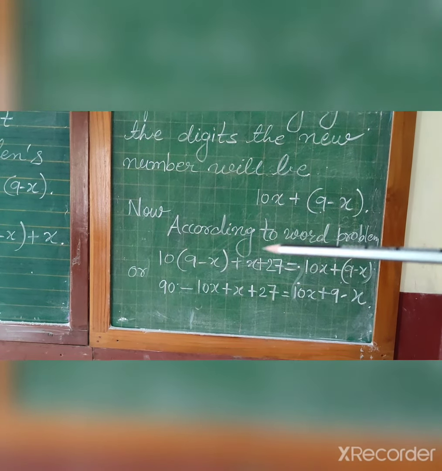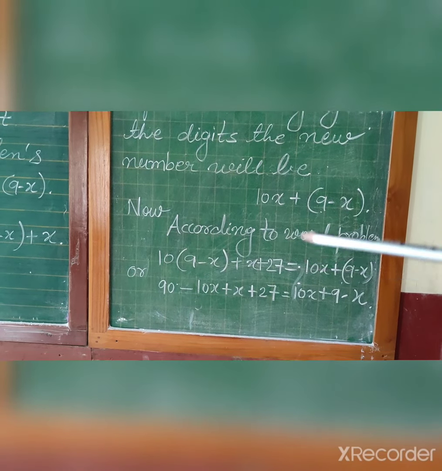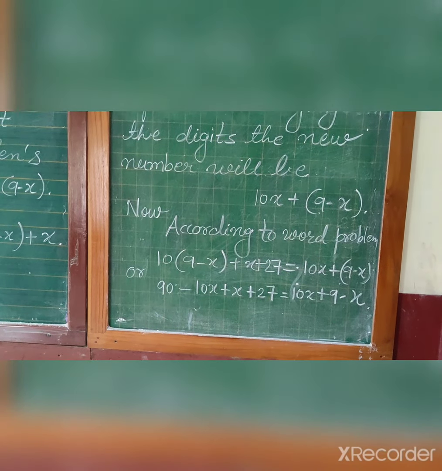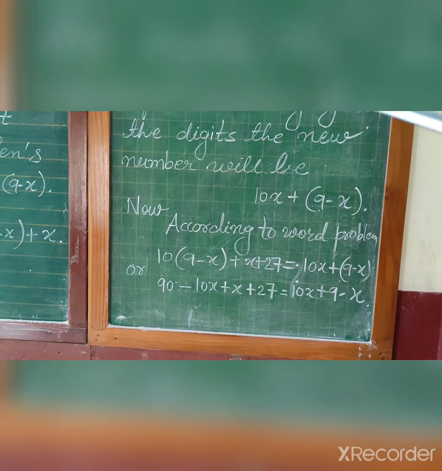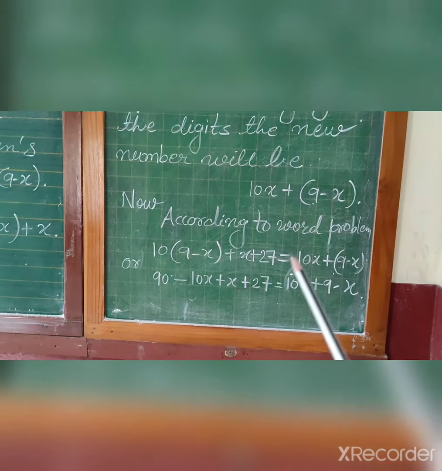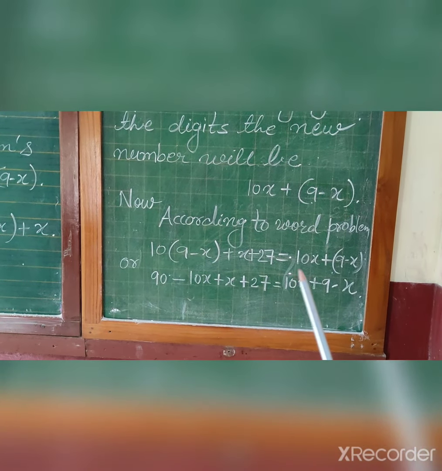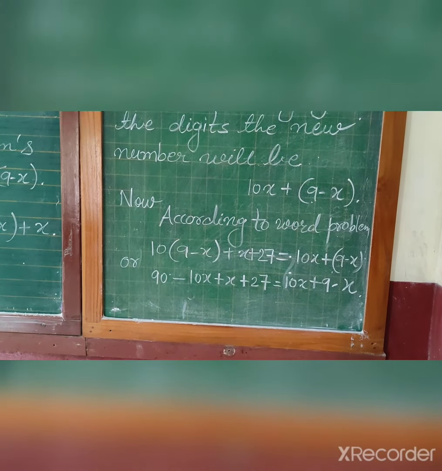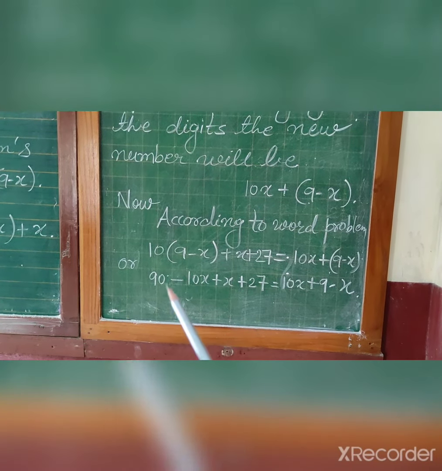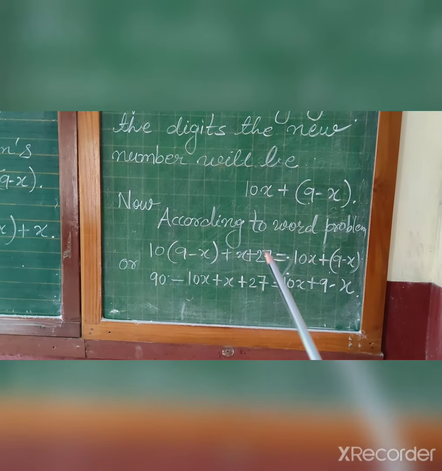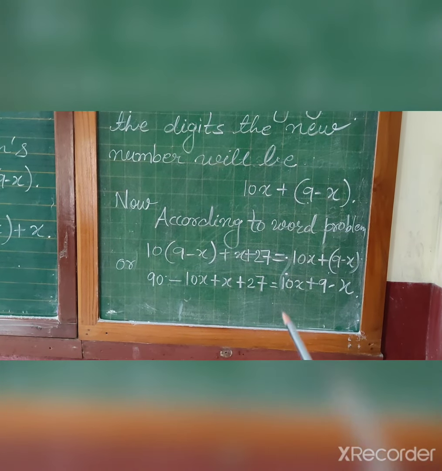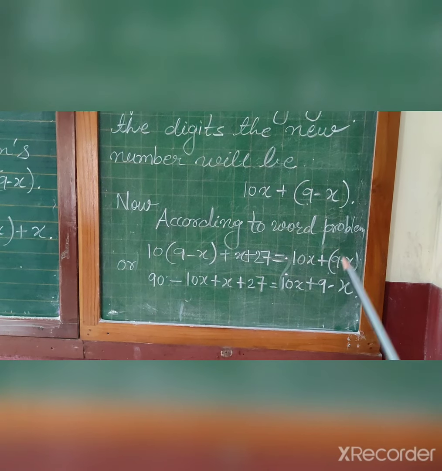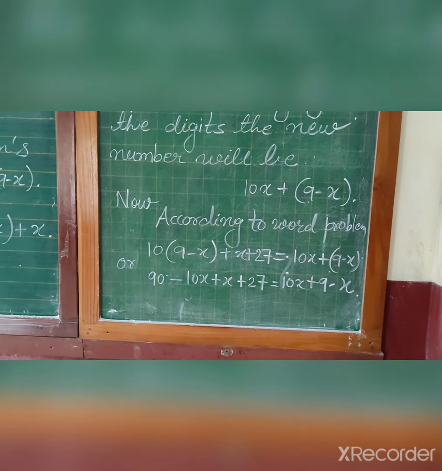So for putting the equal sign, we will add 27 to the original number. So 10 nines are 90 minus 10x plus x plus 27 equal to 10x plus 9 minus x.